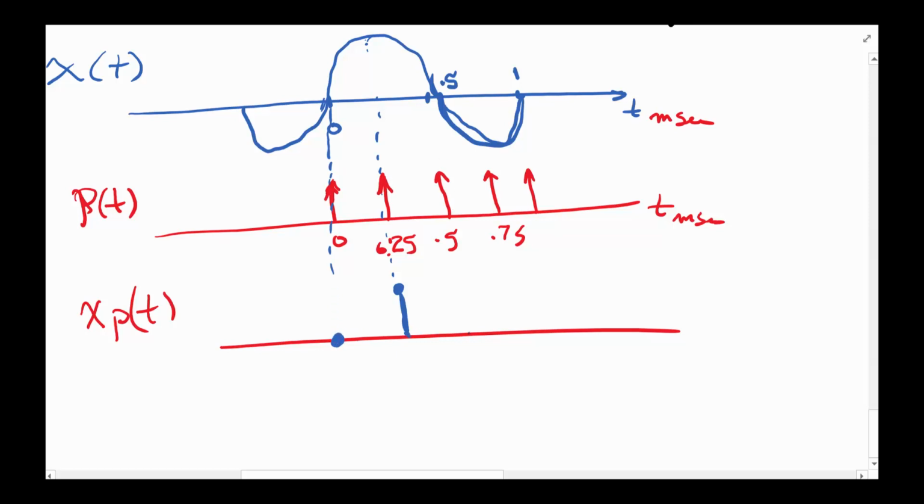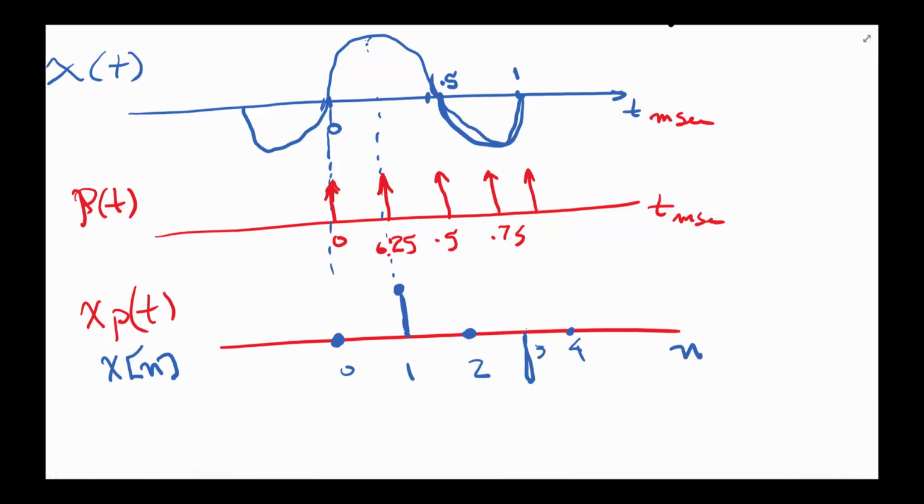Then this one is going to hit 0, and here it is going to hit down. So when I sample at 4 times the frequency of my x of t, what I'll get looks basically like this. This is xp of t, or you can even call it x of n if you start numbering them as 0, 1, 2, 3, 4.